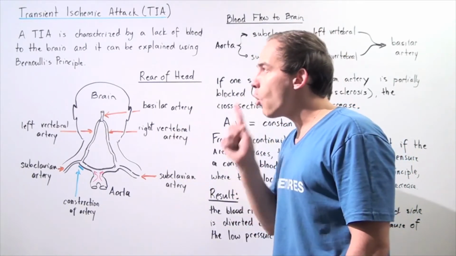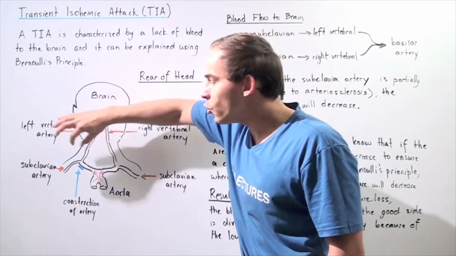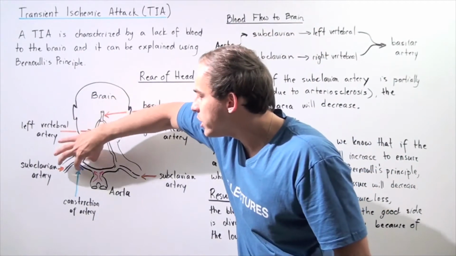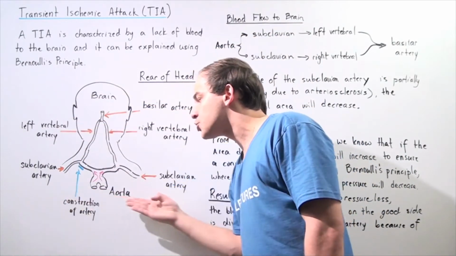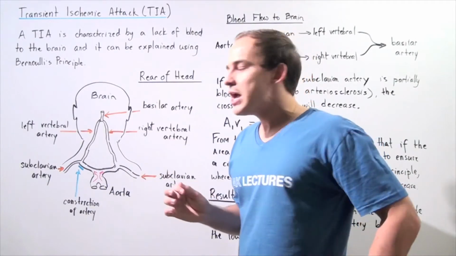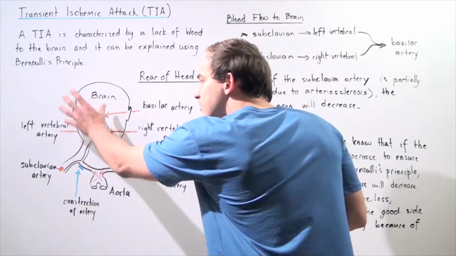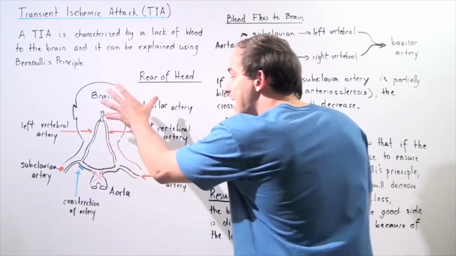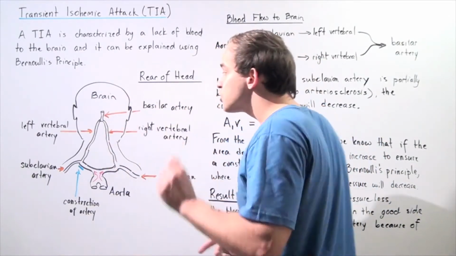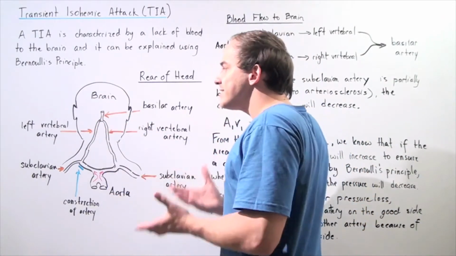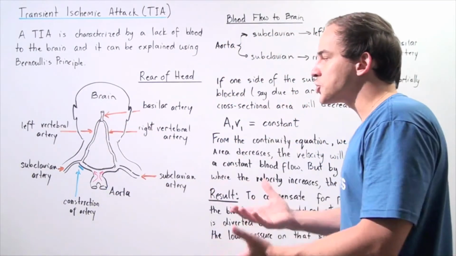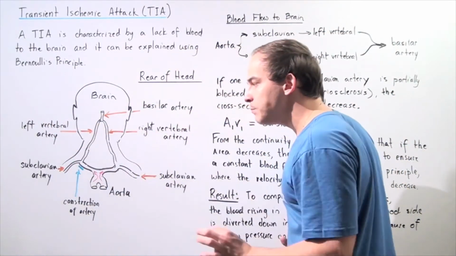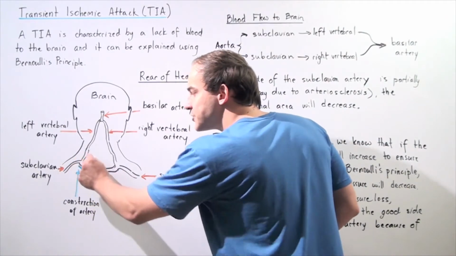So, according to Bernoulli's principle, we have a decrease in blood pressure in the region where our constriction is taking place. Let's suppose this side where we have our blockage is the bad side of the body, and this side is the good side. On the good side, we still have the same exact blood pressure as before, but on the bad side, we have a lower blood pressure in this intersection area.